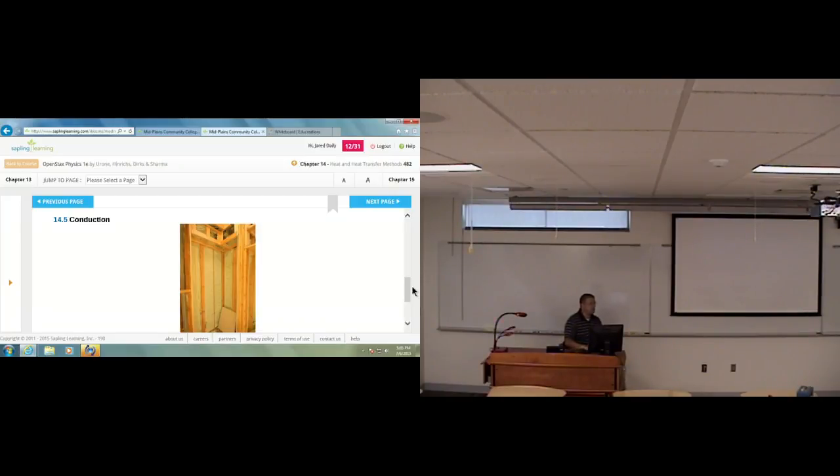So they put in gaps in the wall. They don't just have a sheet of wood for your wall. They have a sheet of wood on the outside, and then they have a gap, and then they have something on the inside, because air that is not moving does not transfer heat very well through conduction, and convection is a very slow process.